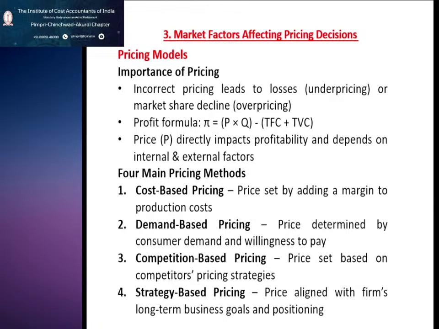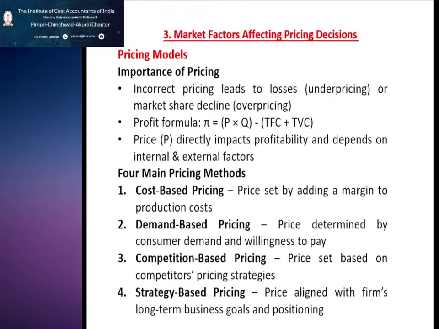Then we went on to pricing models and the importance of pricing, wherein we saw four main pricing models or methods: cost-based pricing, where cost is the focus. So price is set by adding a margin to the production cost. Then we saw demand-based pricing, wherein prices are determined by consumer demand and willingness to pay. And competition-based pricing, wherein prices are set based on the competitors' pricing strategy.